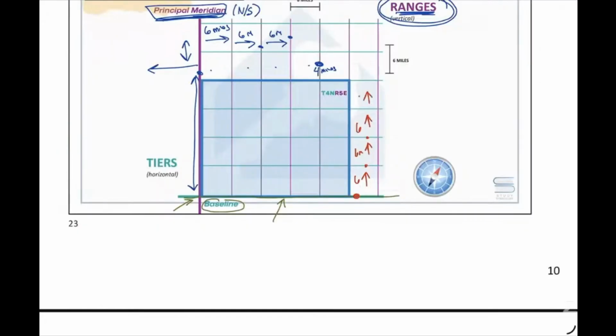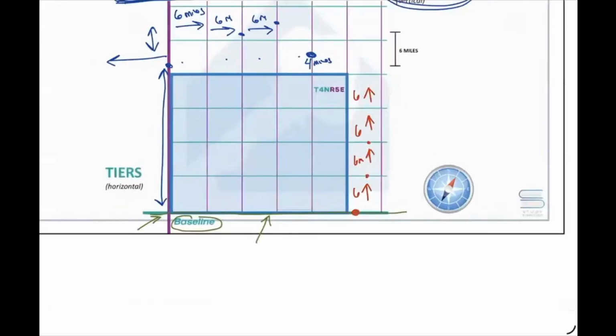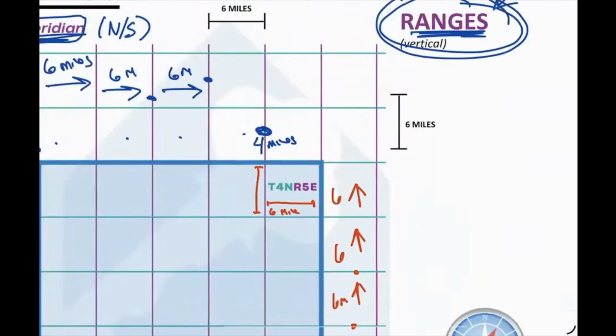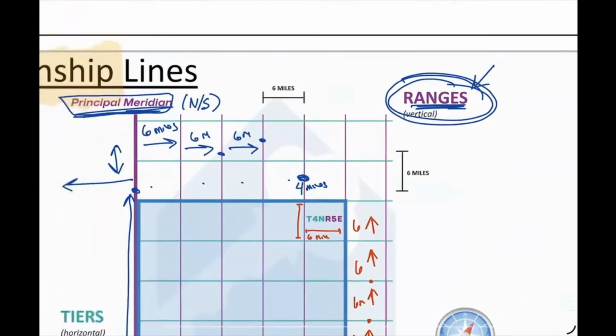And then you go another 6 miles. So what you get is a 6 mile. You're going 6 miles from here to here. And you're going 6 miles from here to here. You get this 6 mile by 6 mile block of land. And we're going to call that a township.